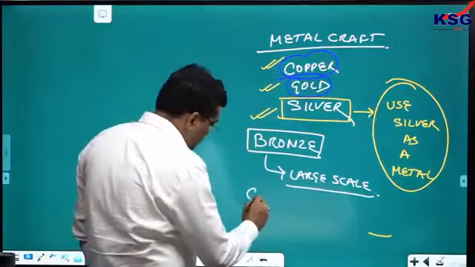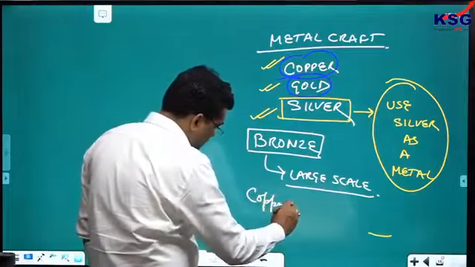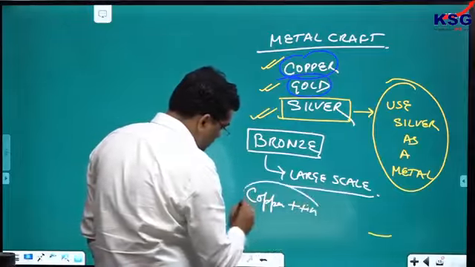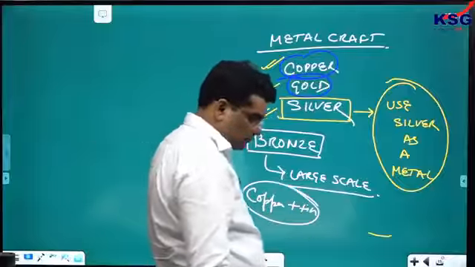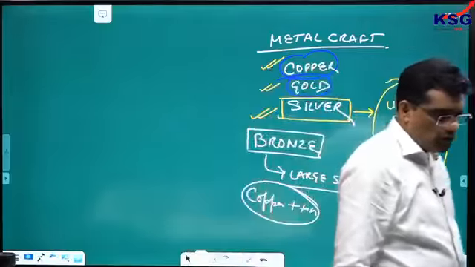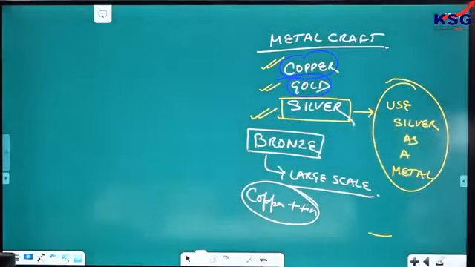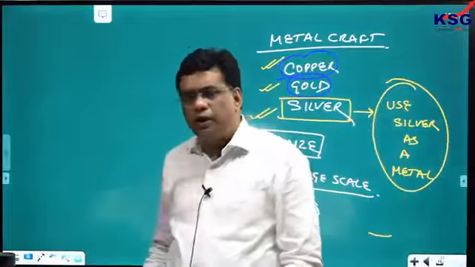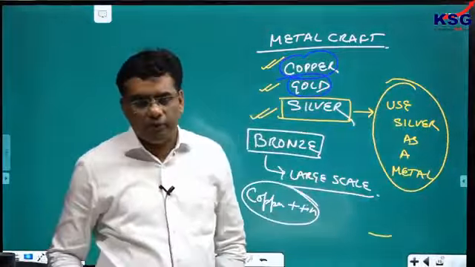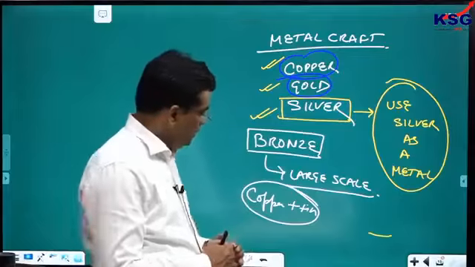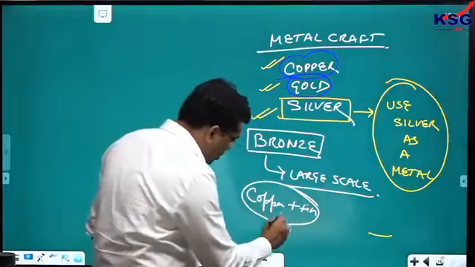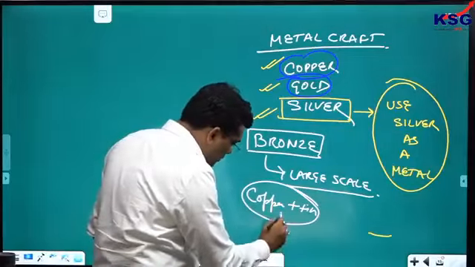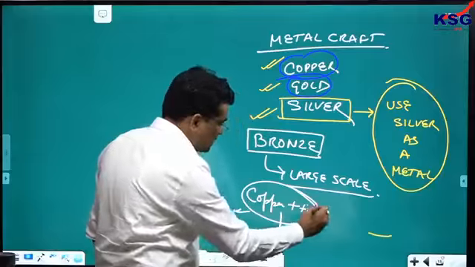What is bronze? Copper plus tin. Adequate proportion of copper and tin was mixed. Once they mixed the copper and tin in adequate proportion, this is called bronze.